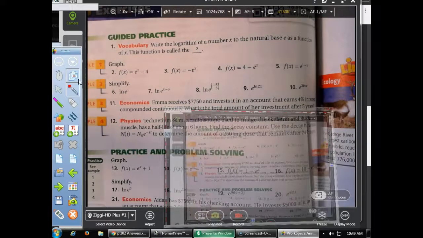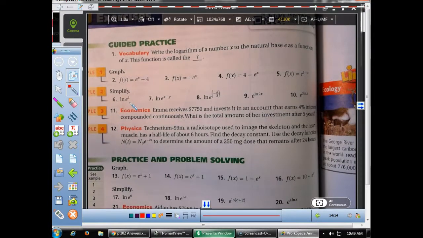Okay, so number 6 is going to simplify down to what? 1. Number 7, x minus y. Number 8, is that a negative? Okay, let's see. Is that an issue that it's negative? Nope, that's fine.